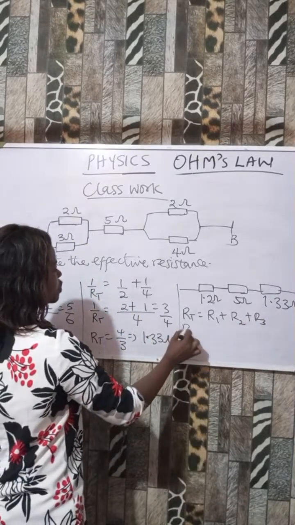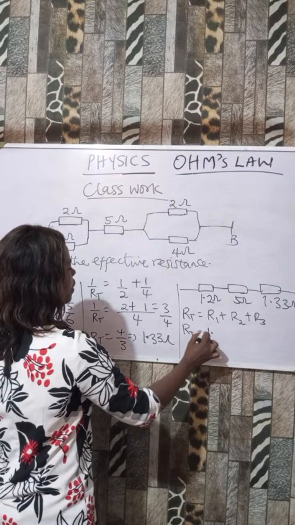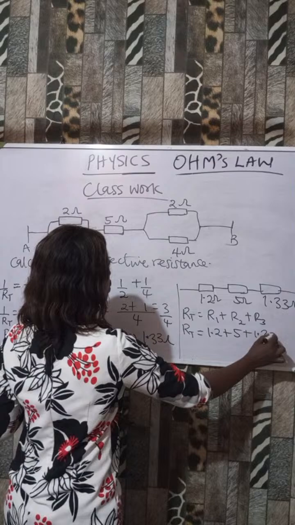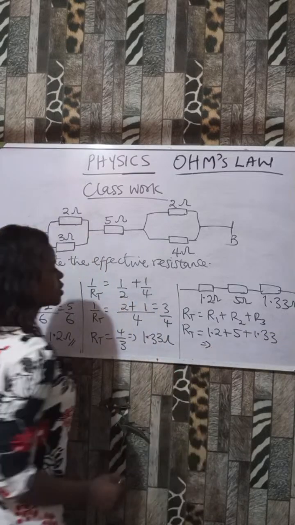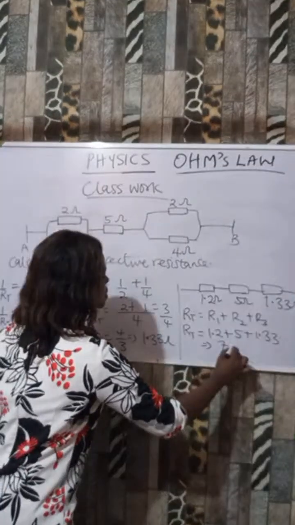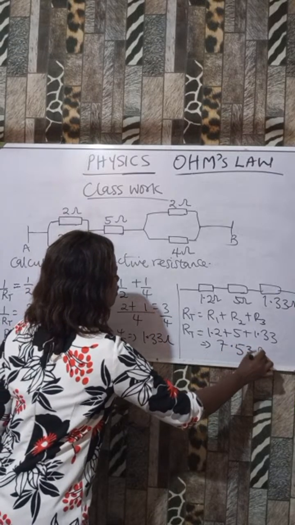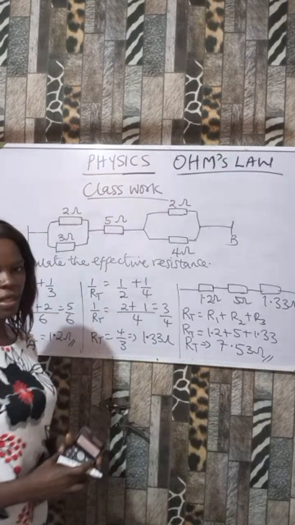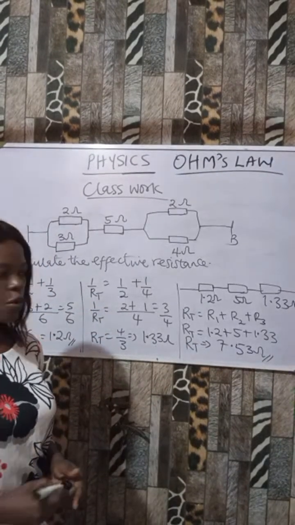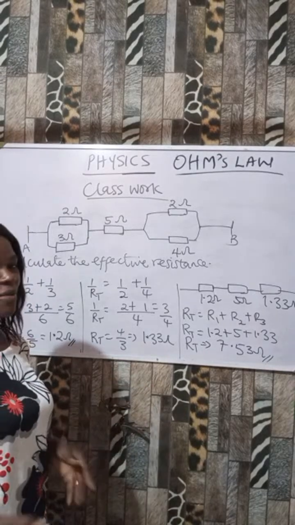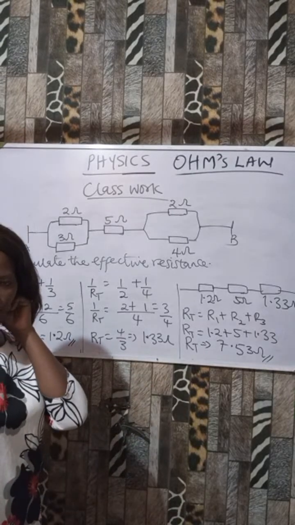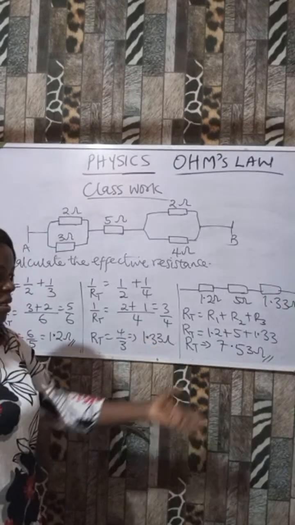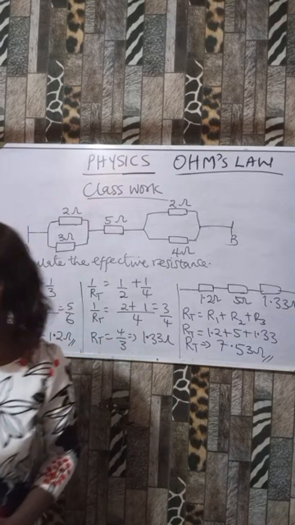Now that will be 1.2 plus 5 plus 1.33, which is 7.53 ohms. That is my effective or total resistance. Hope that is clear. So we are close, we are correct. It's just like that particular student that wrote 7.50. But if you approximate, you are still correct. All right.